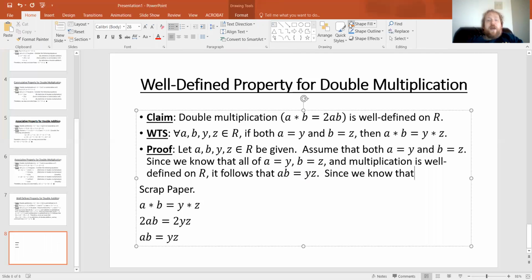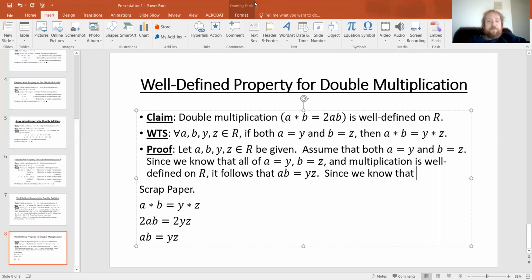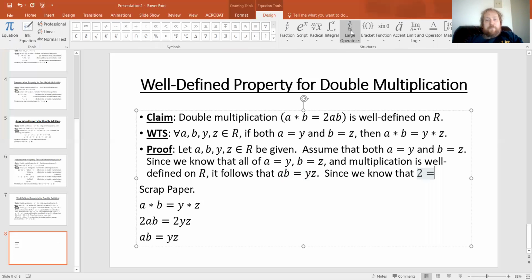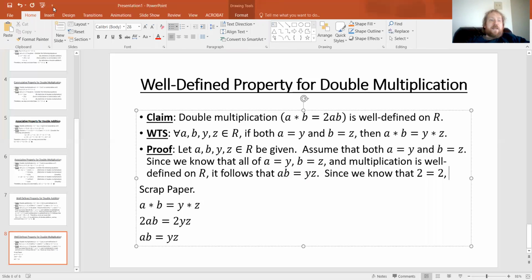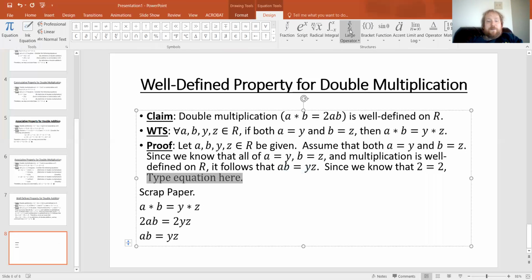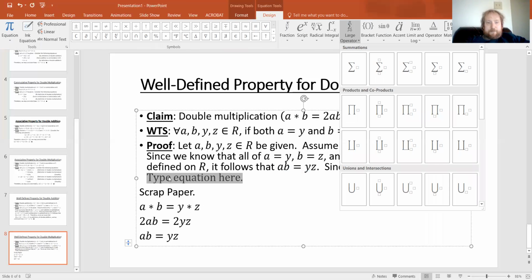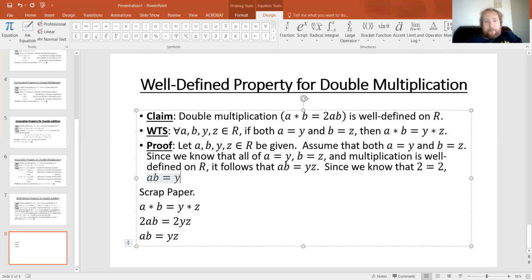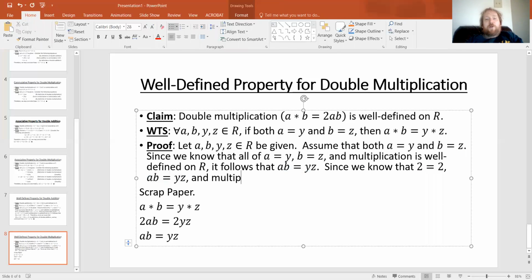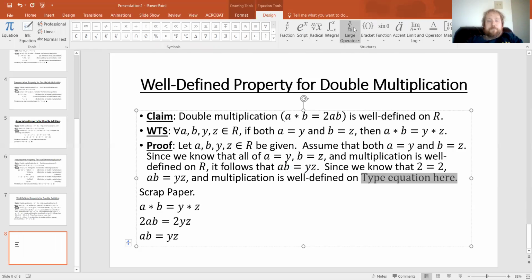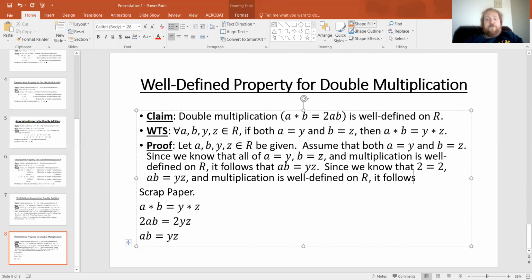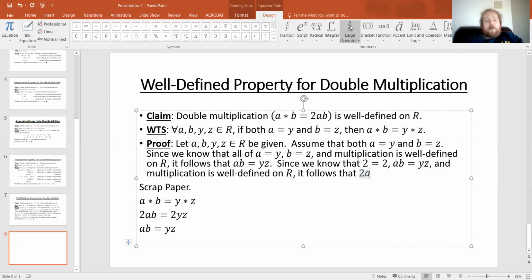Since we know that 2 equals 2, AB equals YZ, and multiplication is well defined on R, it follows that 2AB equals 2YZ.